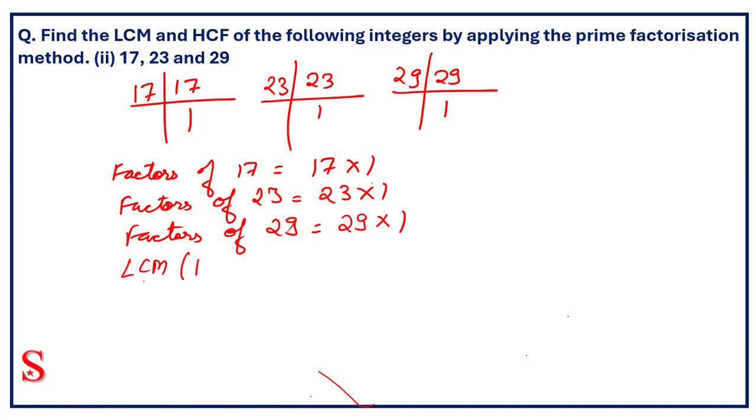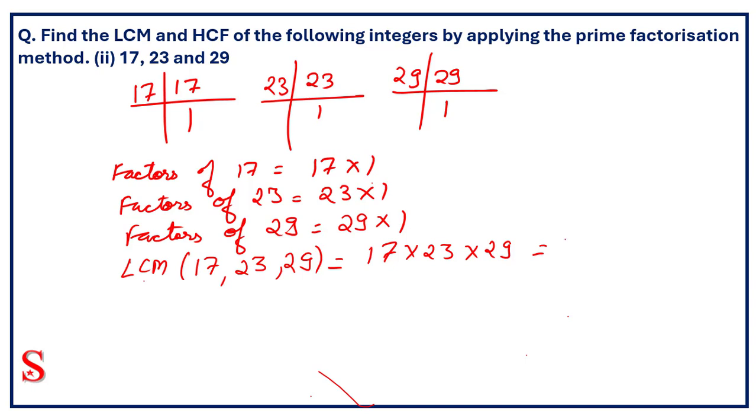So here we have to find out the LCM of 17, 23 and 29. The only common factor here is 1, and the rest are different digits. So we'll multiply 17 with 23 with 29.